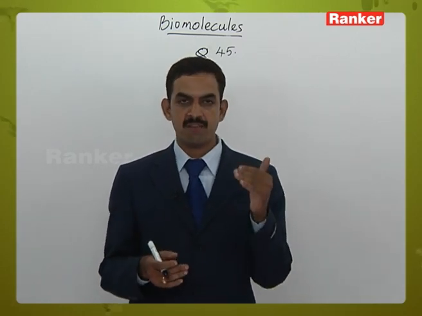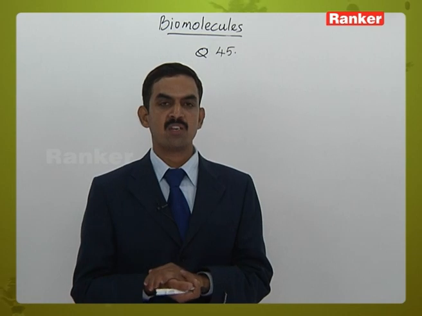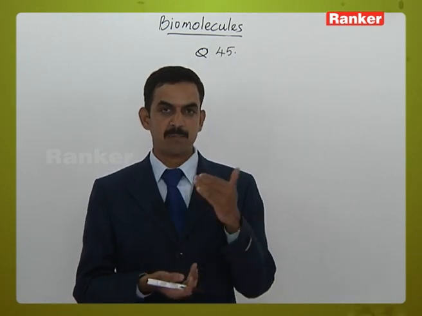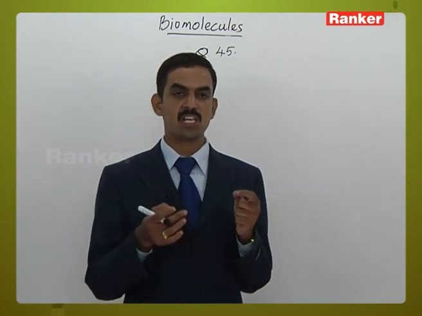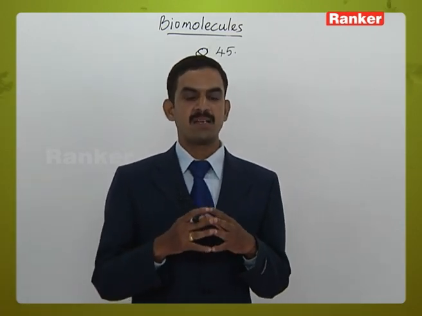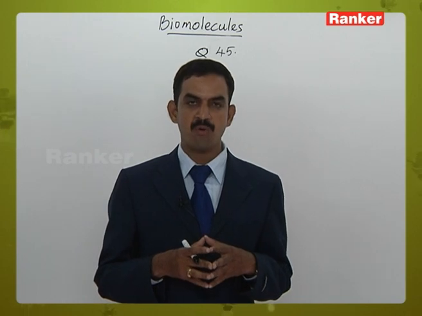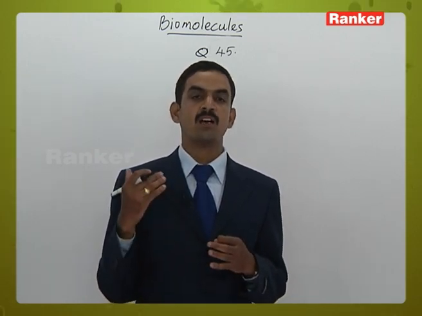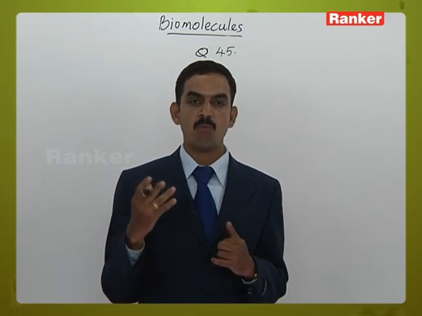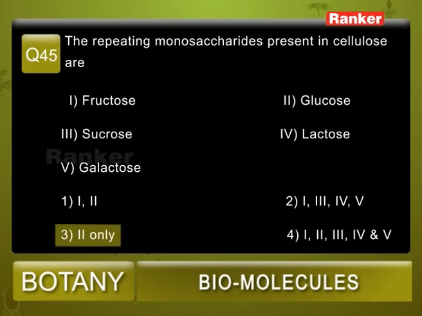That means from the given options, glucose is the only monomer which is repeatedly present in the cellulose part, and otherwise we can say cellulose is the main chemical which is present in the cell wall of many plants, or maximum number of plants, which is a polymer, or we can say homopolymer of glucose molecules. So question number 45, the correct answer is 3.